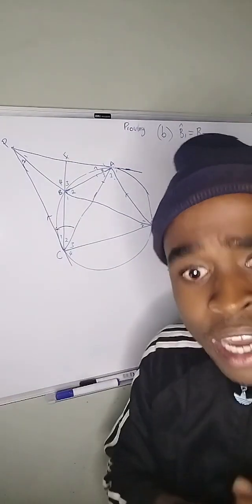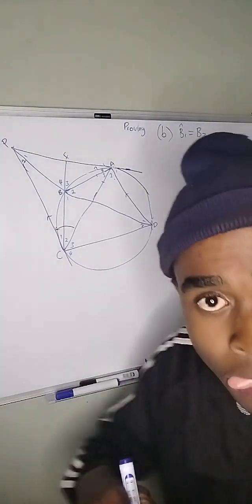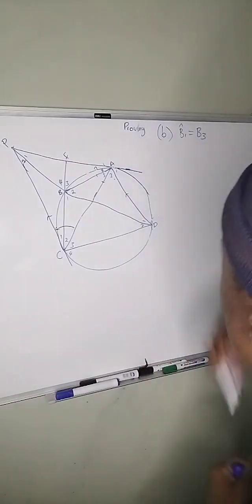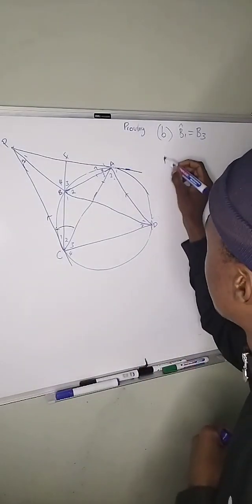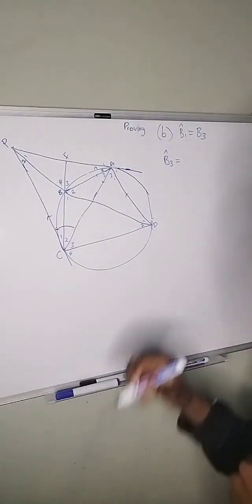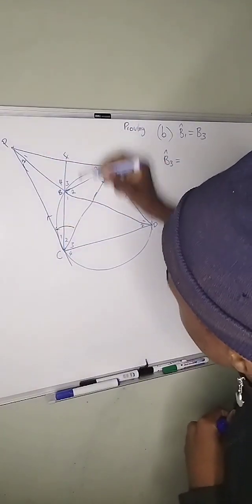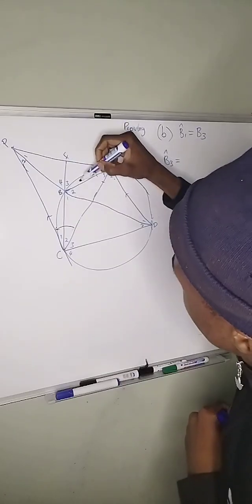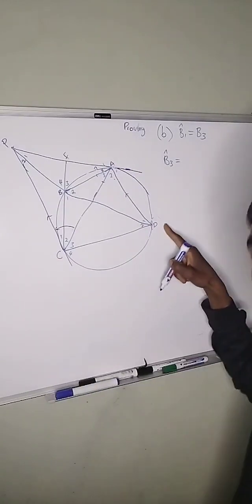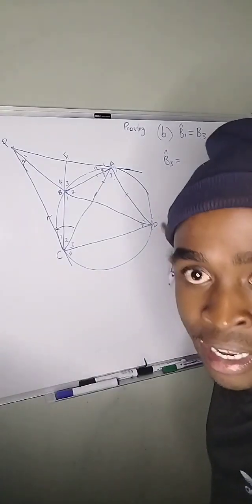So I wanted you to see something, ne? Now we are going to see the exterior, ne? So now I'm going to have my B3. B3 being equals to what? I'm going to leave this B3, jump one vertex, and the second vertex I'm going to focus on is going to be the exterior.